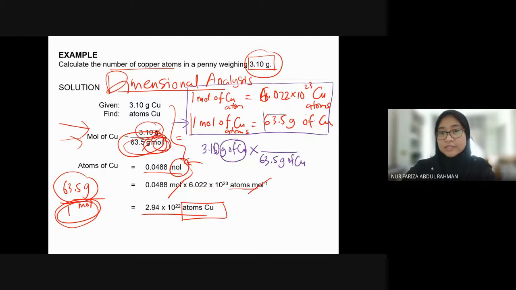So when you are using this one, you should remain this. The top should be 1 mole copper. So this is the relationship that stands for 1 mole of copper is equal to its molar mass. They must have a relationship. It cannot be 63.5 gram of copper, suddenly on top 2 mole of copper.